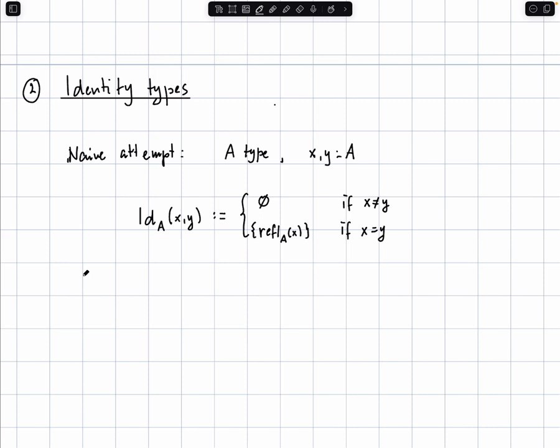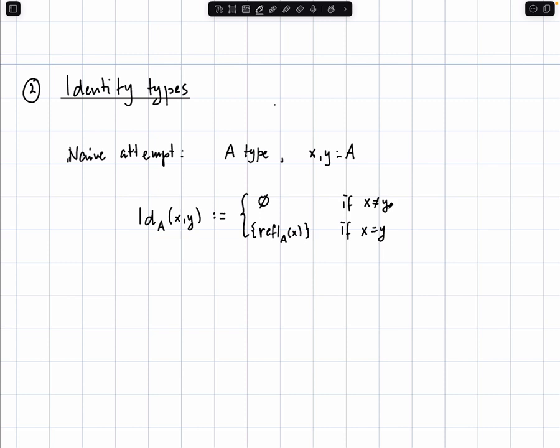Formally, we're not actually going to say that it must be empty when x and y are not equal, because we don't have any good way of saying not equal until we actually have the identity type. There are only equations.